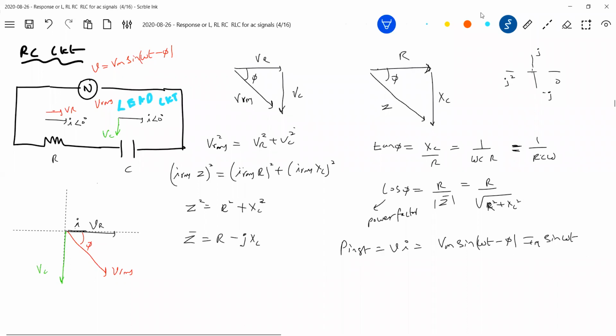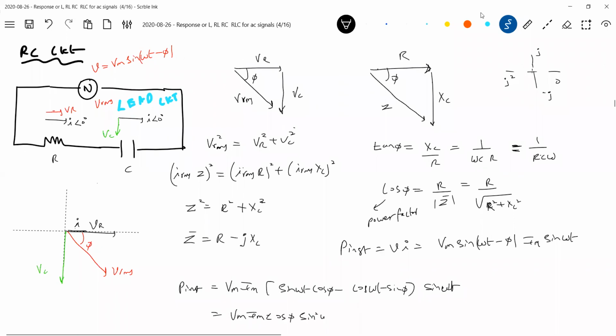So again, solving this, P instantaneous is equal to Vm Im sine omega t cos phi minus cos omega t sine phi, times sine omega t. That gives Vm Im cos phi sine square omega t minus Vm Im by 2 sine phi sine 2 omega t.